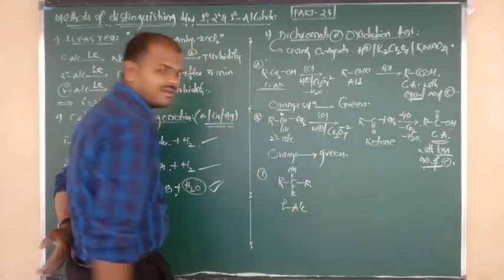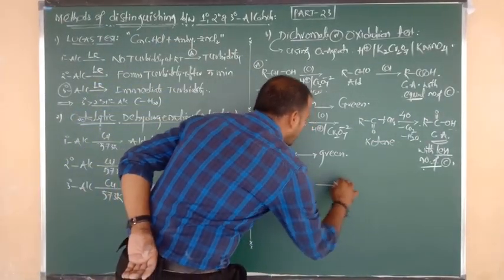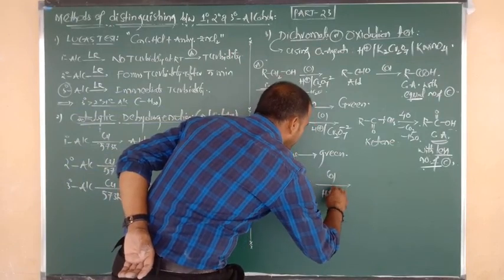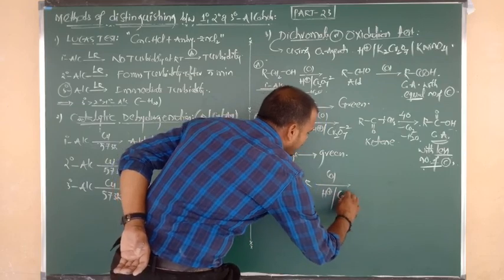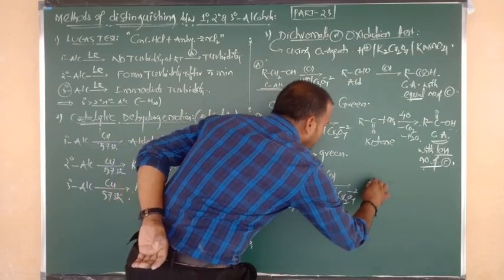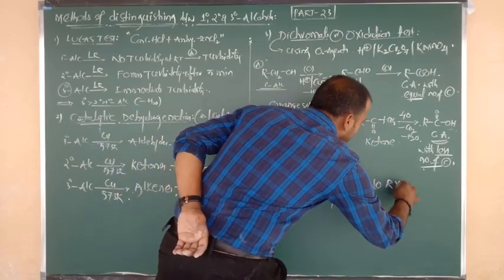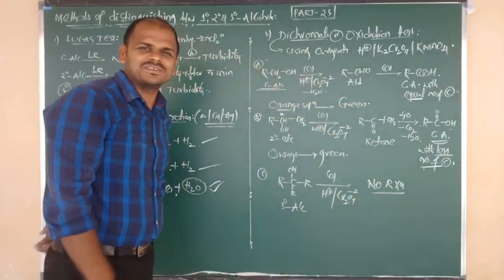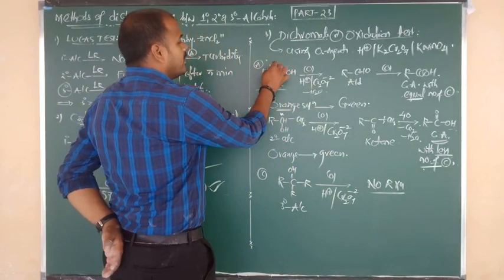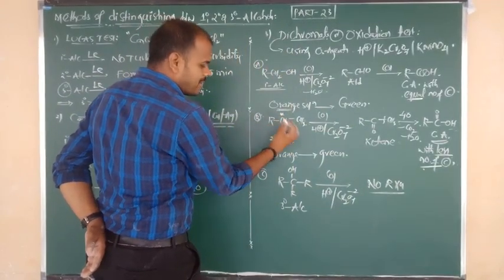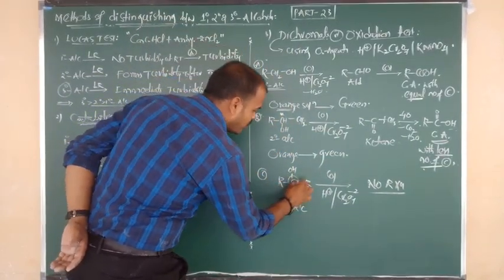Tertiary alcohol. Tertiary alcohols upon oxidation with acidified K2Cr2O7, or we can say dichromate medium. But here we have to say that no reaction will take place. Why? Listen carefully. Here the carbon contains hydrogen, here OH and carbon with hydrogen, but here, OH and carbon, no more hydrogen.